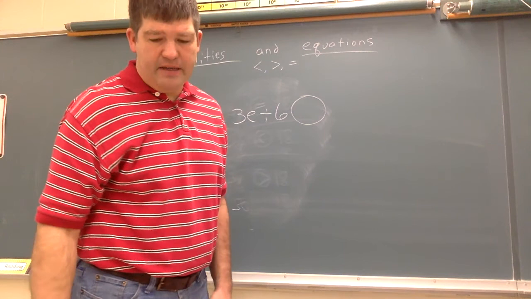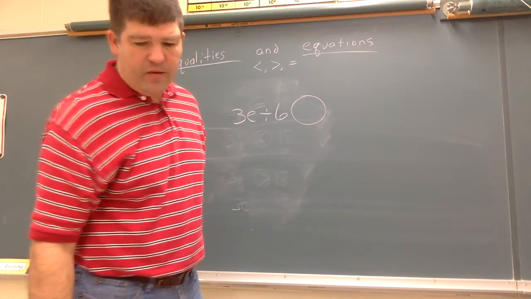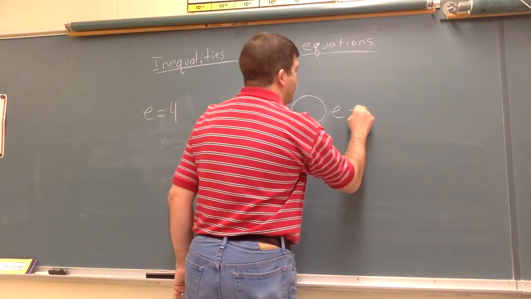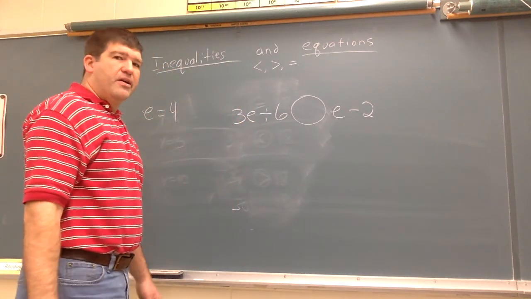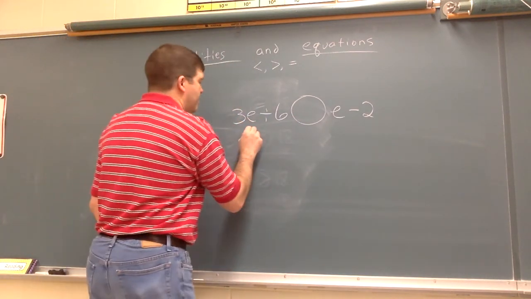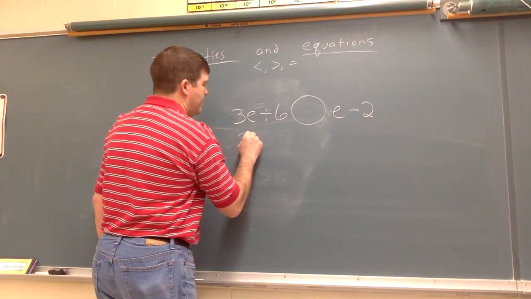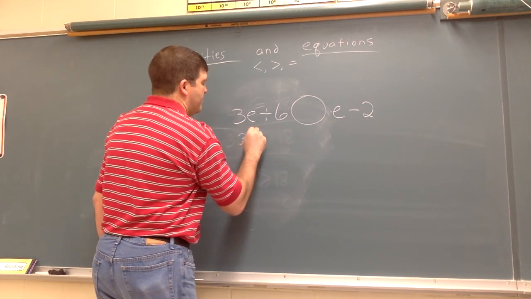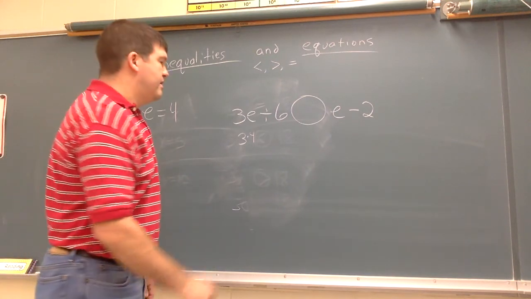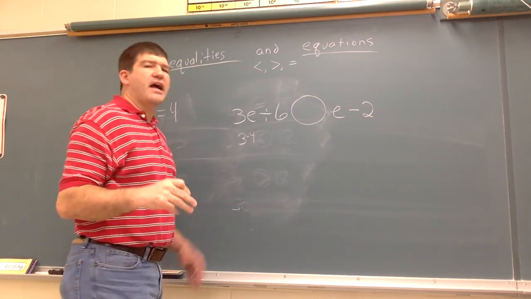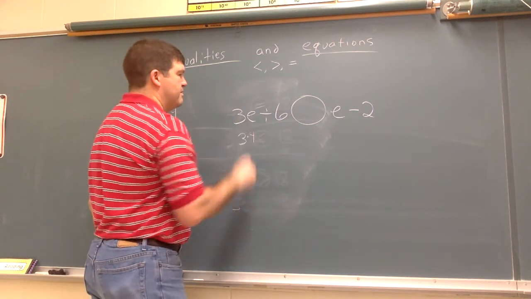We want to see if it's equal or if it's an inequality. E minus 2. Okay, so I'm going to plug and go. E is 4. So it's 3 times 4. Sometimes when you do multiplication, you just put a little dot there. You know that it's not 34, but you know you're multiplying those because they're next to each other here.